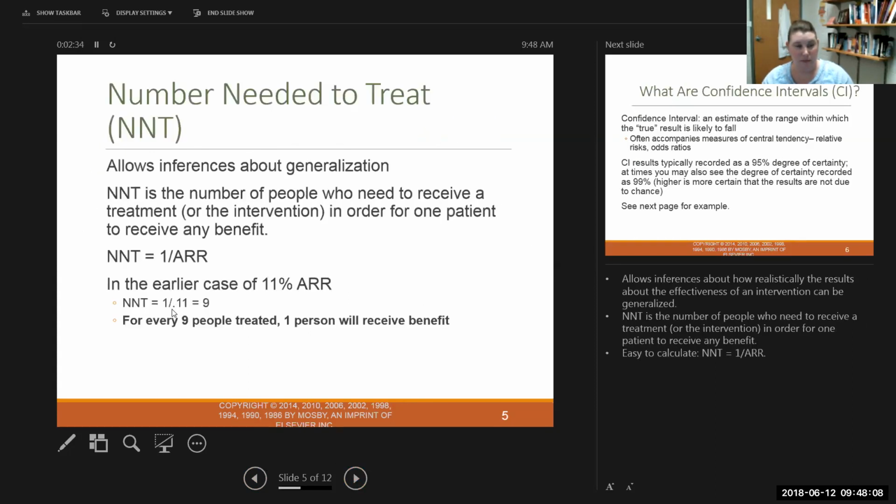Out of these cases, for every 9 of those people that are treated, 1 person will actually receive the benefit of this. So out of every 9, 1 person will actually be spared a heart attack because of being on this medication.